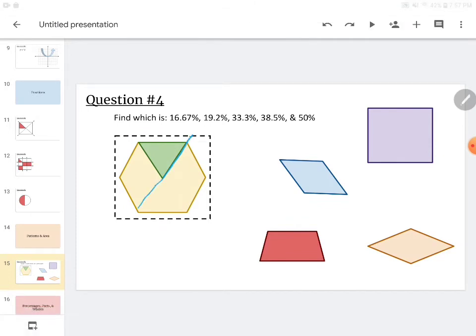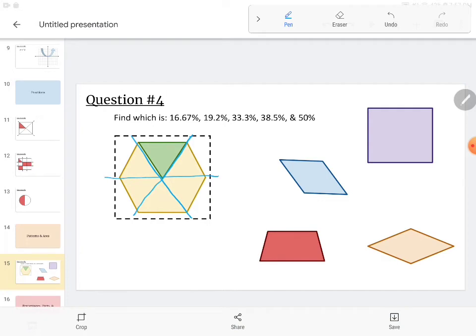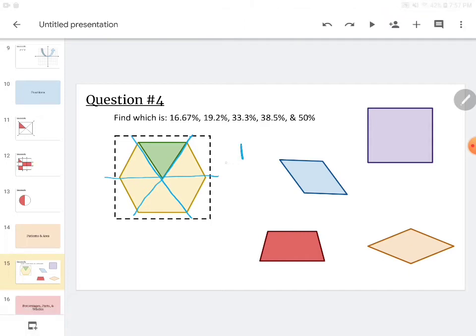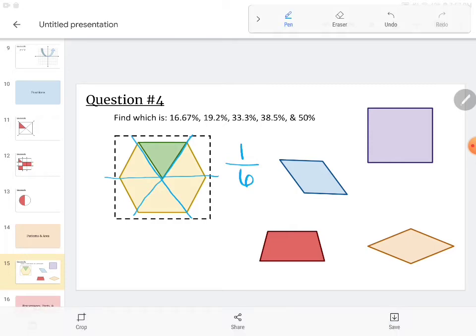We have 1, we have 2, and 3. Our hexagon is split into 6 equal sections, and our shaded area, or our triangle, is taking up one of those sections. So our triangle is going to be 1/6 of our hexagon. Another way to say this, we know that our triangle is 1/6.